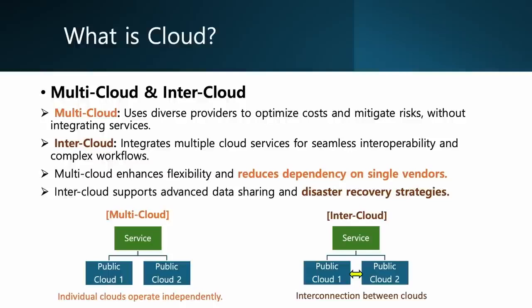This enhances enterprise flexibility by supporting advanced data sharing and disaster recovery strategies. While multi-cloud optimizes costs and improves flexibility by using multiple providers, intercloud has the advantage of integrating various cloud services to improve interoperability and simplify complex tasks.